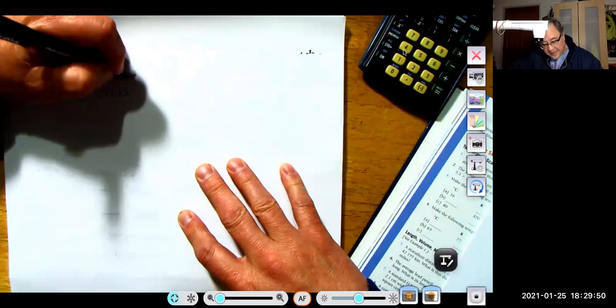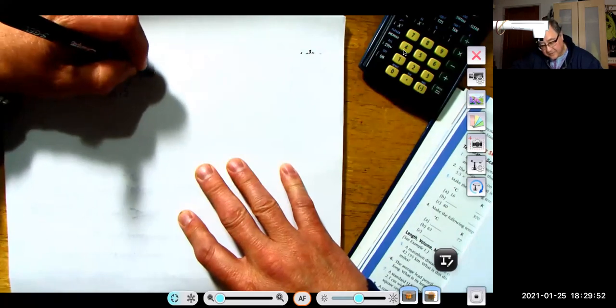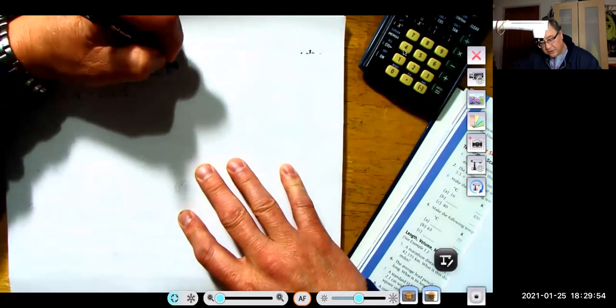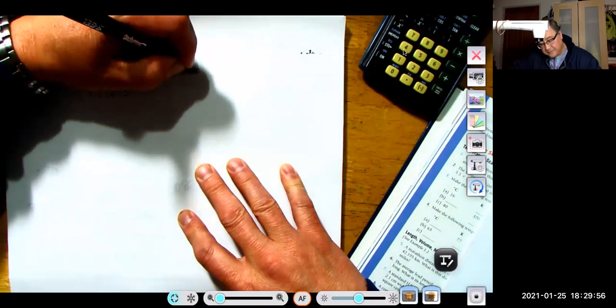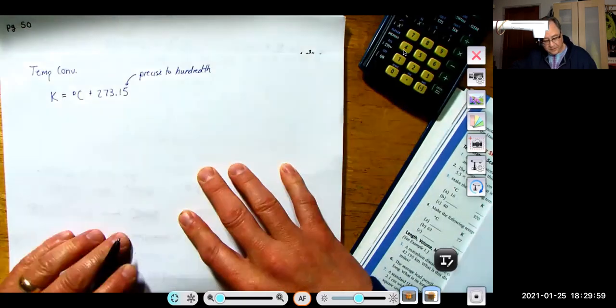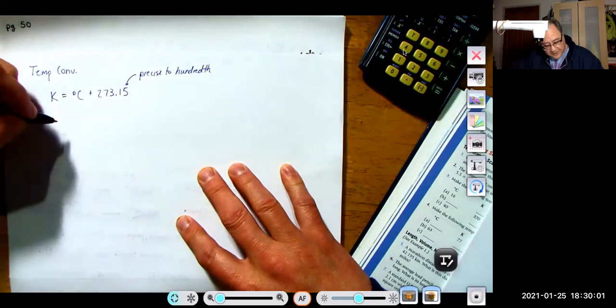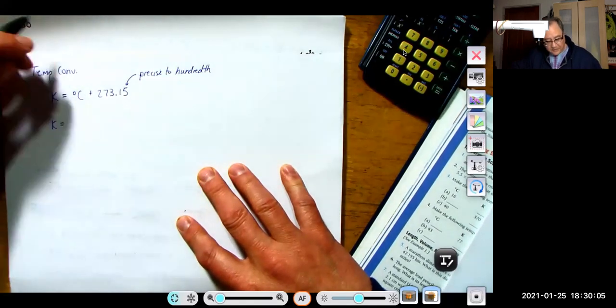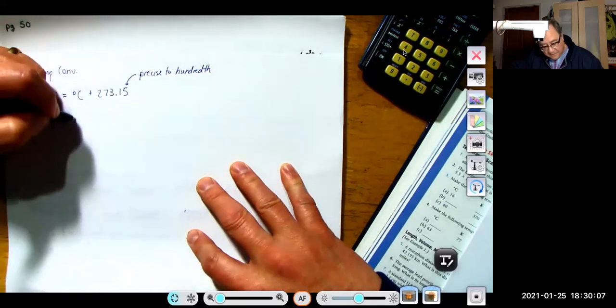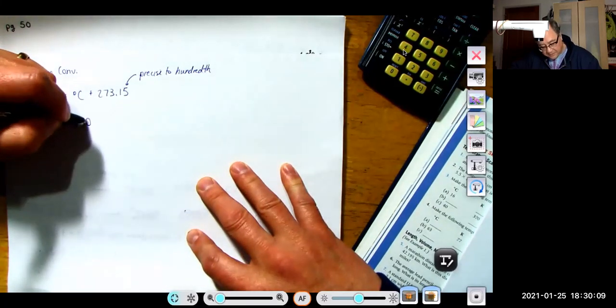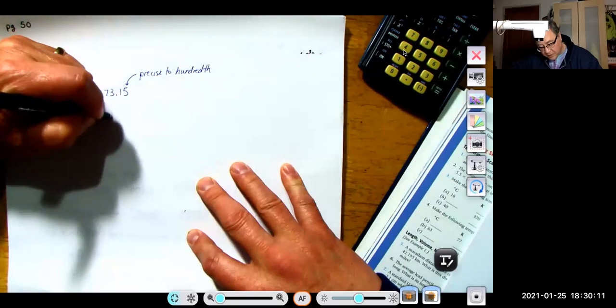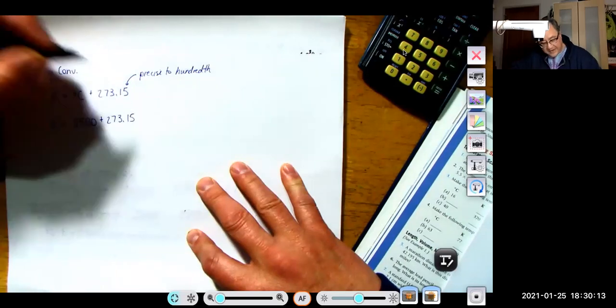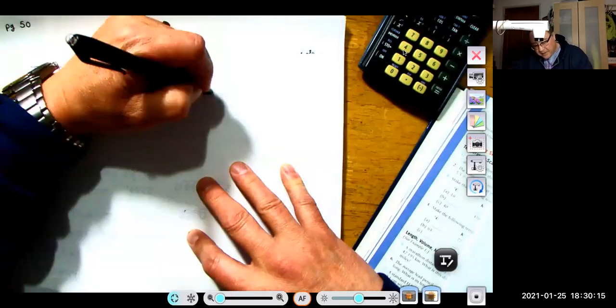This is precise to the 100th. So in this particular case, we're going to take 5500 and add 273.15 to get the answer.